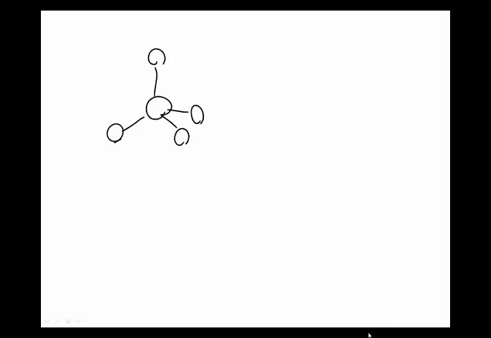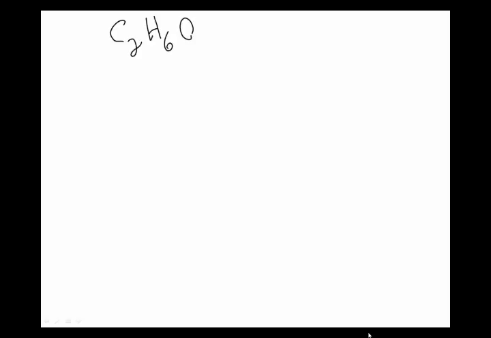For example, one example is ethanol, which has the formula C2H6O, but sometimes to show how these things are put together, they're written in a slightly different way: CH3CH2OH.